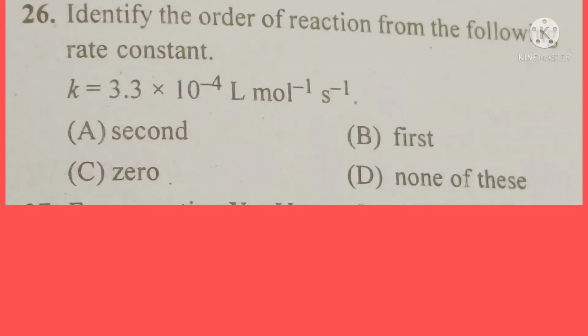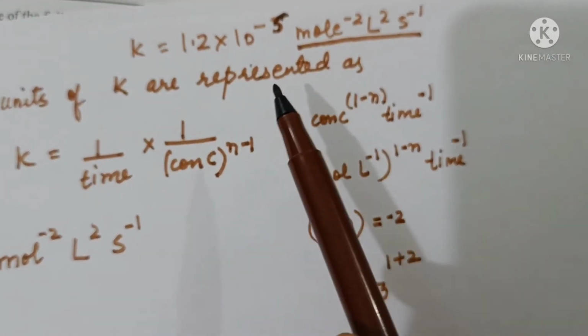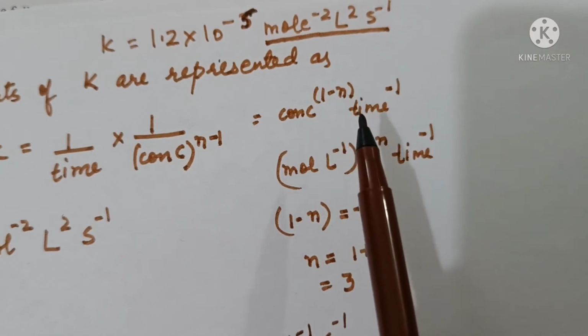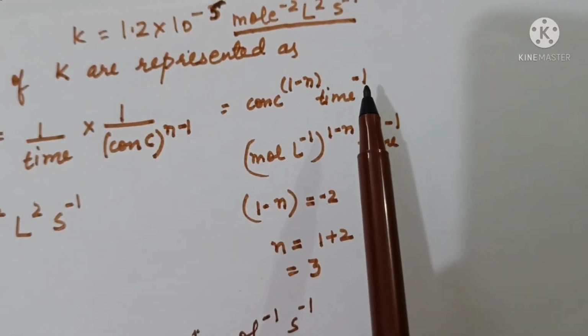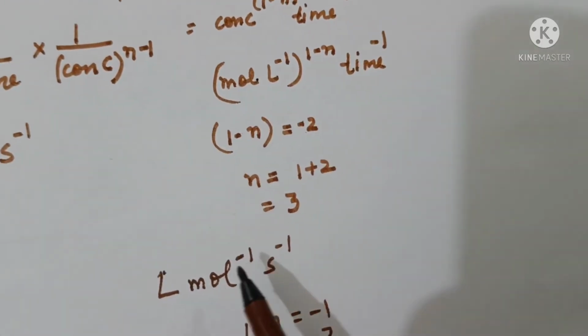Identify the order of reaction from the following rate constant. K is equal to 3.3 into 10 raised to power minus 4 liter mole inverse second inverse. As we know that units of rate constant are represented as concentration 1 minus n into time raised to power minus 1, and the answer for mole is minus 1.